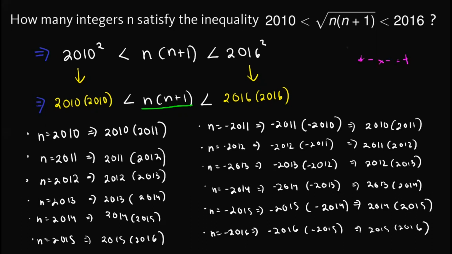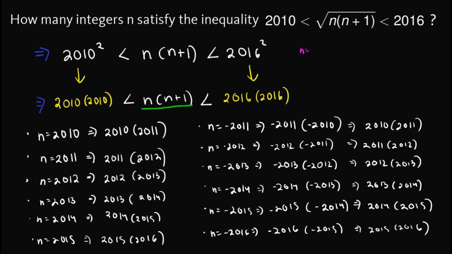Now observe that if we take a greater value than negative 2011, say negative 2010, then our expression becomes negative 2010 times negative 2009, which is equal to 2009 times 2010, which is again not part of our inequality, similar to how we showed it in the first one.